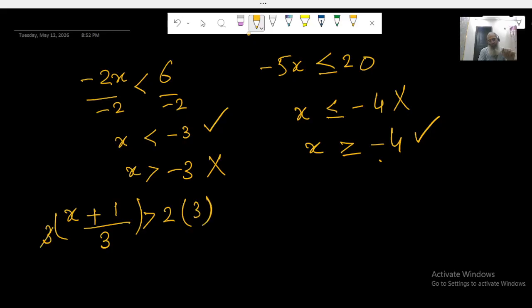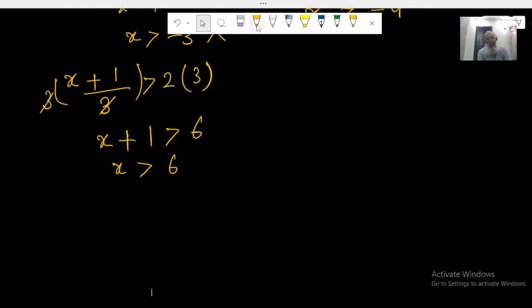So now this 3 is cut by this 3 and x plus 1 is greater than 6. And now everything is like an equation. Now if you move this one to the other side, it becomes 6 minus 1. So x is greater than 5.